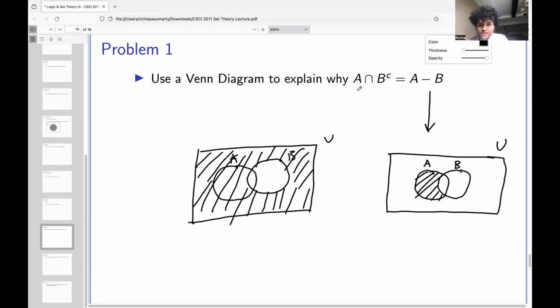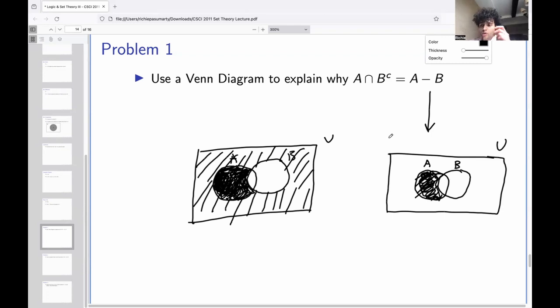Okay, so now if I take A intersection with this region, I'm going to be left with this blacked out region right here. All right, so as you can see, this region right here is the same as this region right here. So this is how we can use a Venn diagram to explain how these are actually the same.